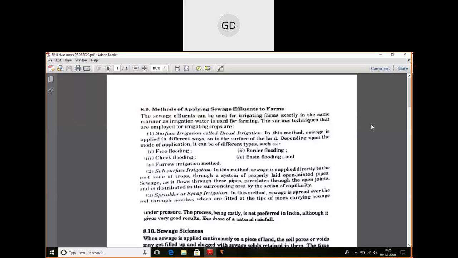Number one is surface irrigation, also known as broad irrigation. In this method the sewage is applied to the land in many ways, and depending upon the mode of application, surface irrigation can be of different types: free flooding, border flooding, check flooding, basin flooding, and furrow irrigation.